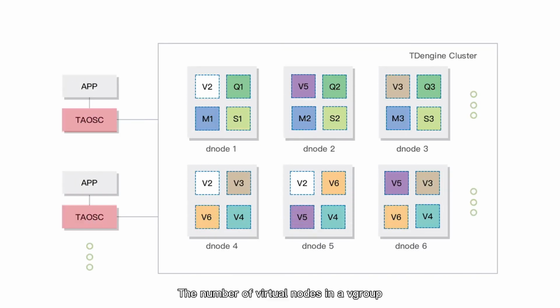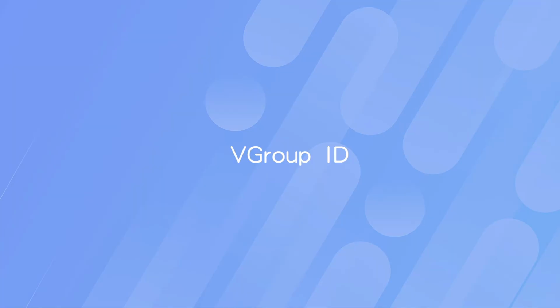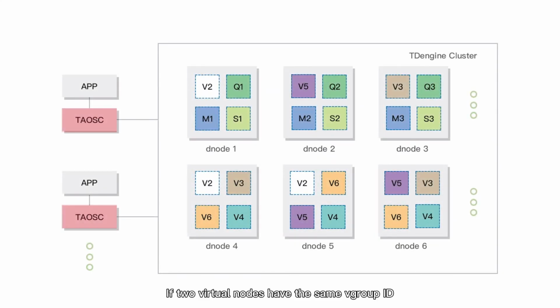The number of virtual nodes in a vgroup equals the number of data replicas. Virtual node groups are created and managed by the management node, and the management node assigns them a system unique identifier called the vgroup ID. If two virtual nodes have the same vgroup ID, it means that they belong to the same group and the data is backed up to each other.